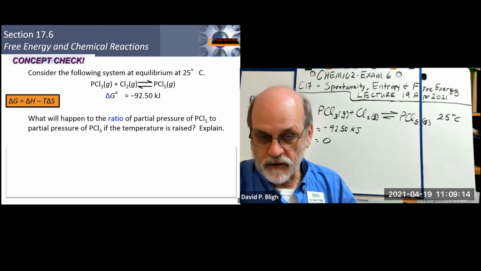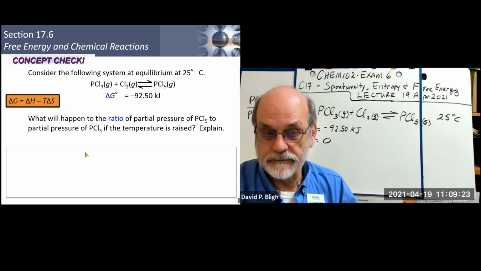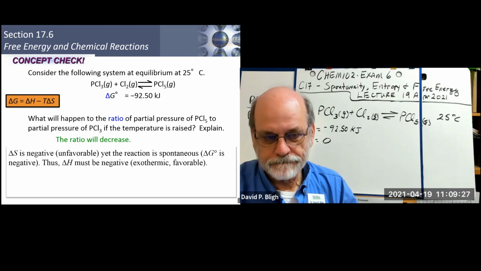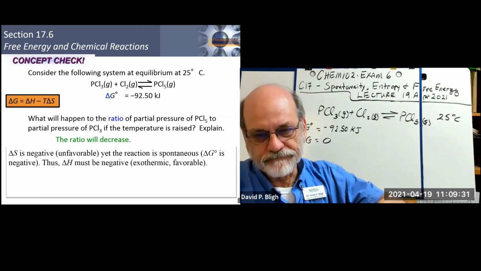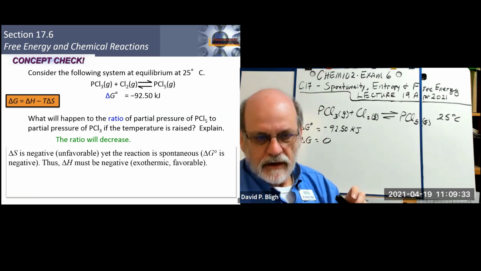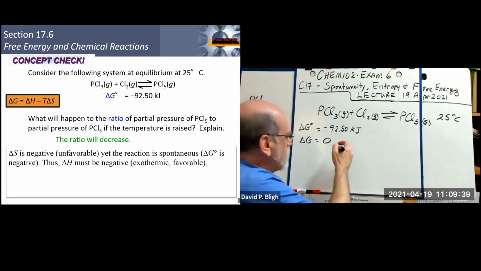All right, so we've got our Gibbs free energy equation. Of course, that's natural because we have this right here, right? So we might as well use it. What's happening to delta S in terms of this equation?